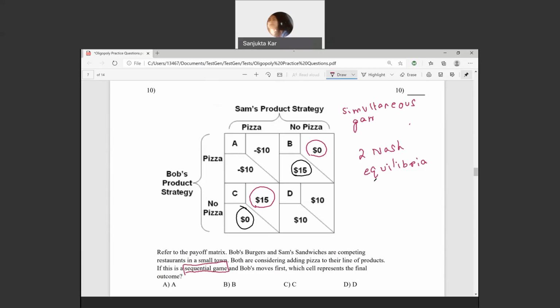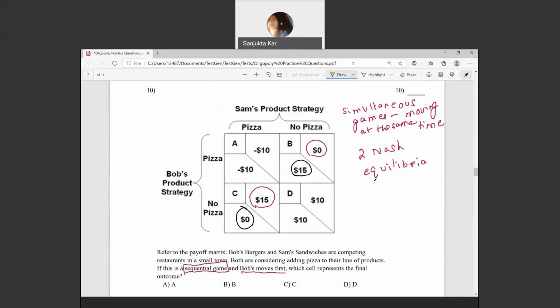Simultaneous games means players are moving at the same time. But if you have a sequential game, one player moves before another player. Here, Bob is going to move first. Then the other player, who is Sam, is going to move after Bob.